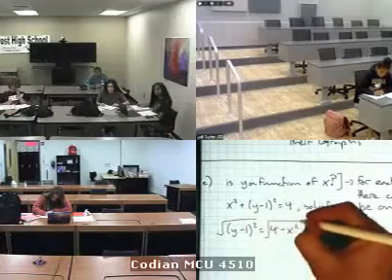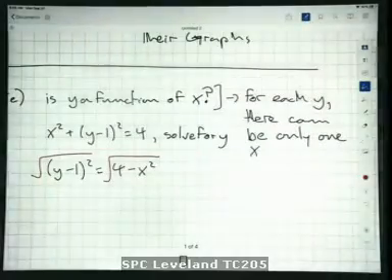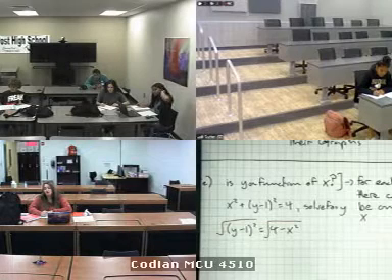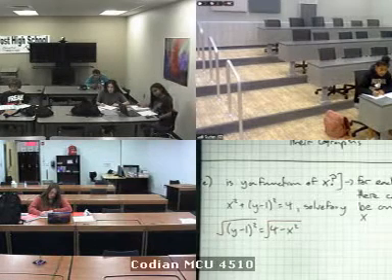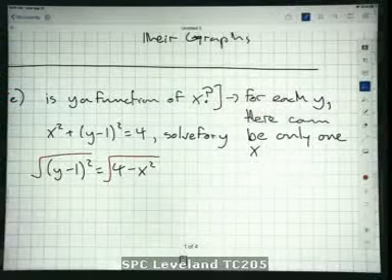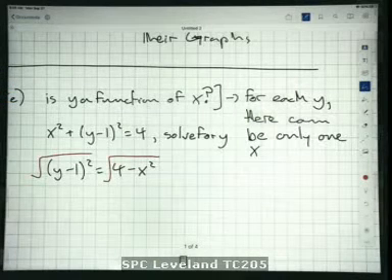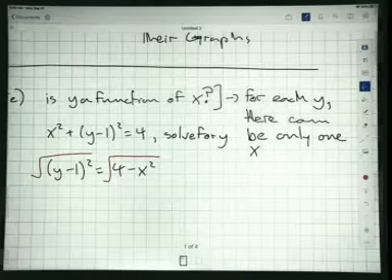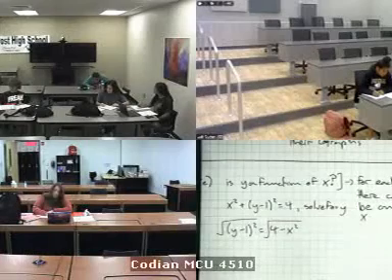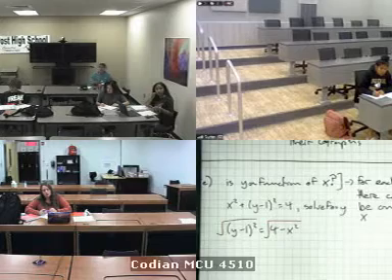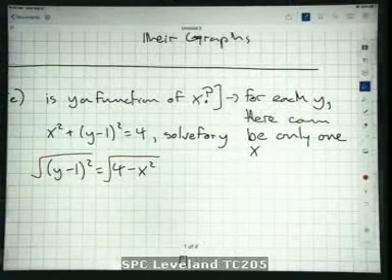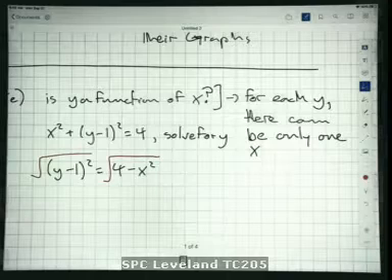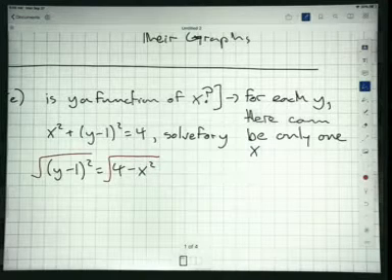Hey, now, Mr. Clopton, is it supposed to be positive 1? On 4E? No, I have a y minus 1 quantity squared. Ours says plus 1. Yes, sir.